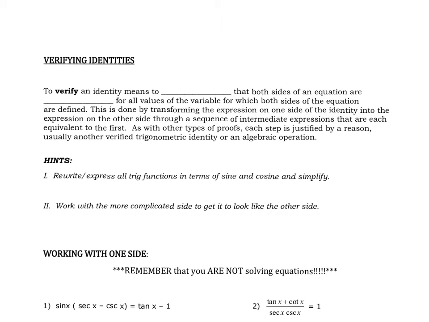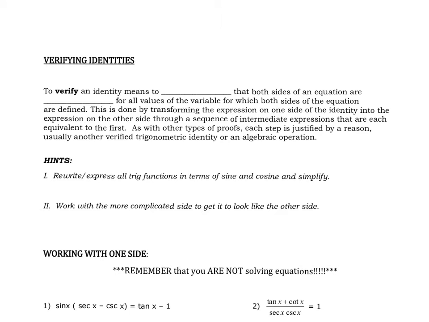Right, so we are going to start talking about the actual process of verifying identities. What we've been doing so far is simplifying, and now we're going to start to verify identities. The process you are going to do is essentially the same, because you are going to continue to simplify these expressions.